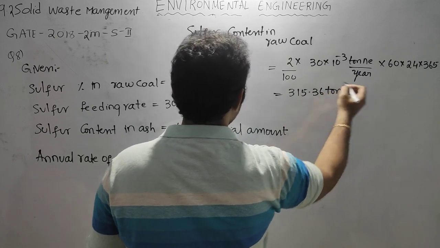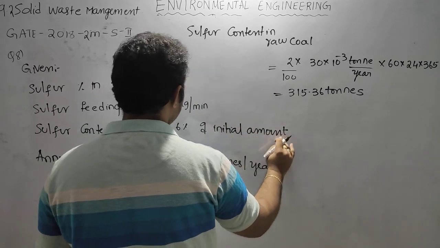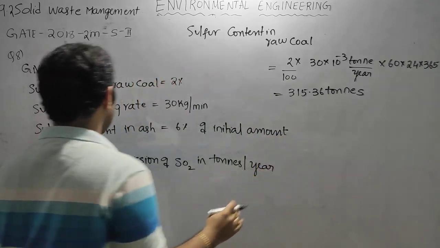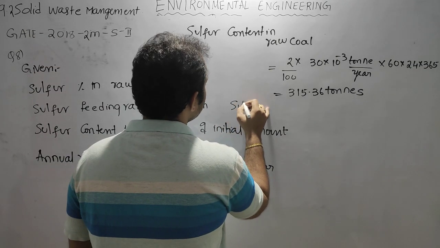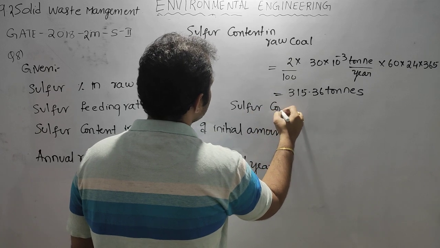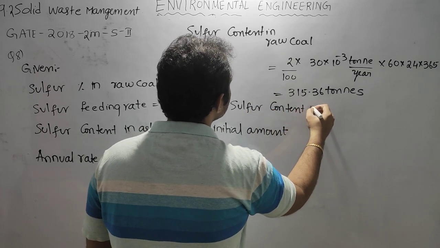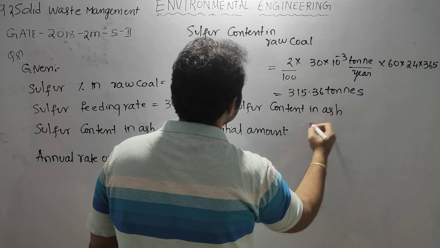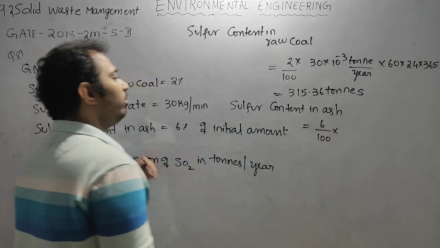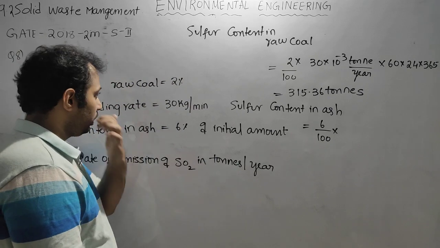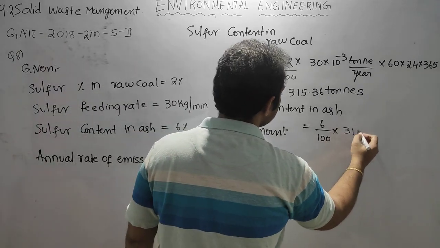So this is the initial amount. In this initial amount, what is the sulfur content in the ash? Sulfur content in ash is 6%, so 6 by 100 multiplied with the initial content, that is 315.36.